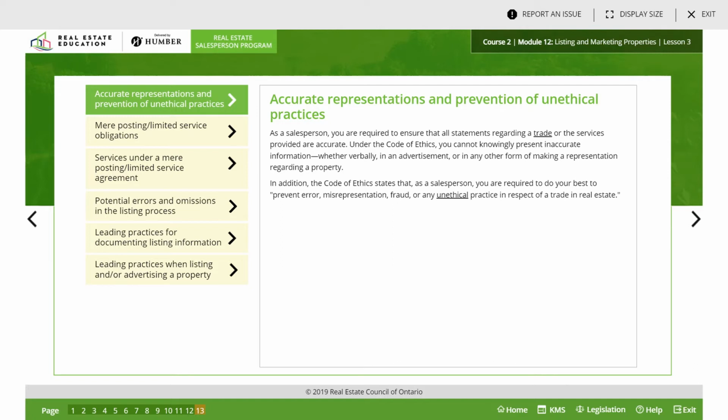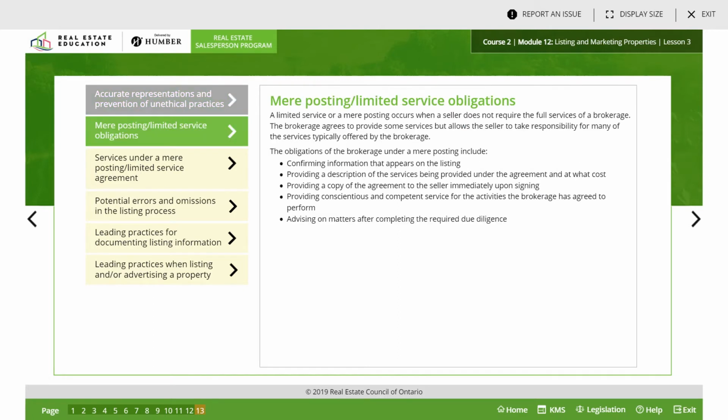In addition, the Code of Ethics states that as a salesperson, you are required to do your best to prevent error, misrepresentation, fraud, or any unethical practice in respect of a trade in real estate. Mere posting and limited service obligation. A limited service or a mere posting occurs when a seller does not require the full services of a brokerage.